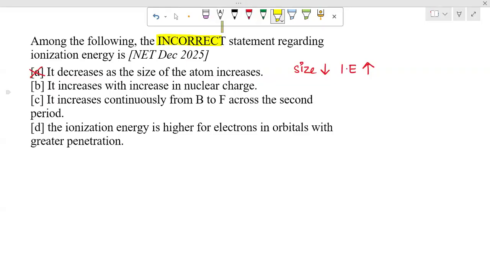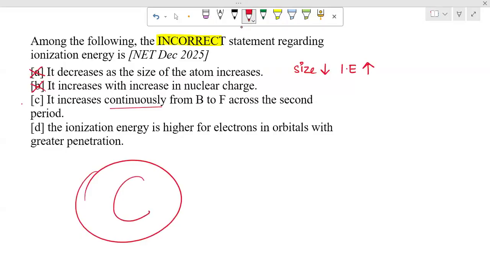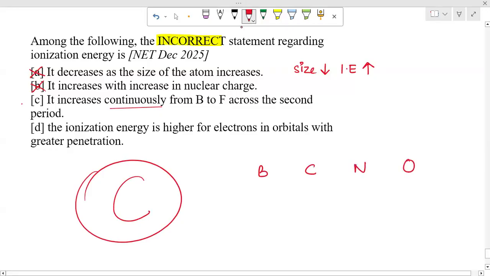I hope you're getting it. B, it increases with the increase in nuclear charge. That is also correct. This one, it increases continuously from boron to fluorine. This is incorrect. The correct answer is option C. How? Boron, carbon, nitrogen, oxygen.